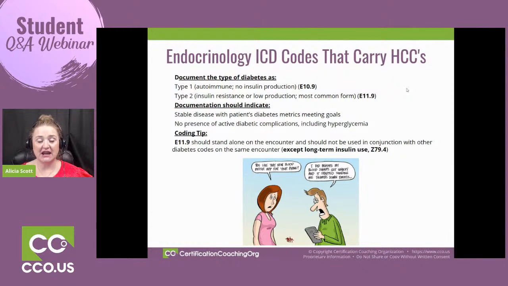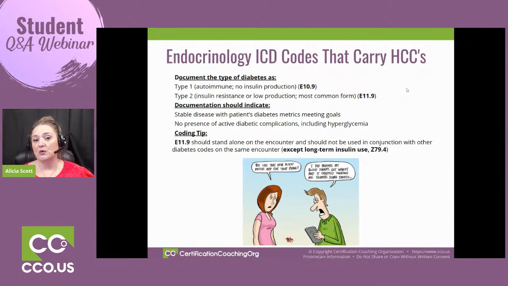That's just stating everything's looking good right now. Or you might see a statement like "no presence of active diabetic complications, including hyperglycemia." Now, hyperglycemia is when the blood sugar shoots up really high because we don't have insulin to compensate for that. And that can be a common complication of diabetes, whether you're type 1 or type 2.